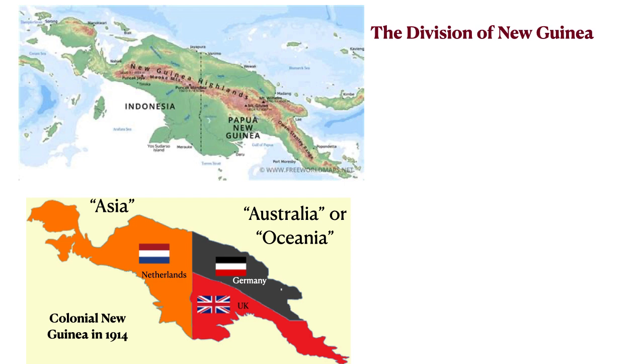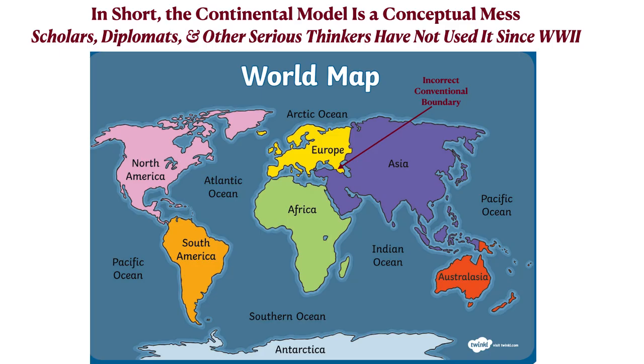So New Guinea is divided on geopolitical grounds, and the continent of Asia ends up being divided on geopolitical grounds in most maps, even though continents are supposed to be divided on geophysical grounds. So anyway, as I said before, in short, the continental model is a conceptual mess. It's not useful.